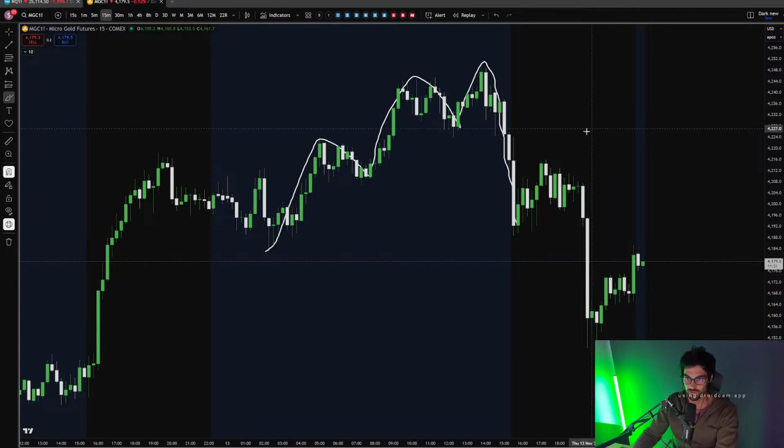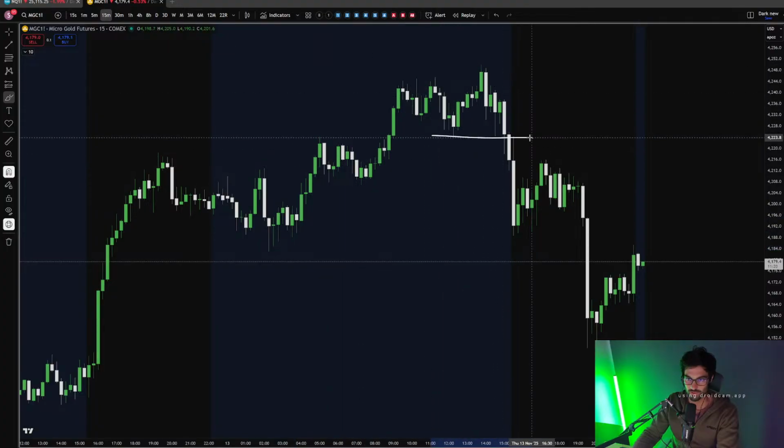This is today's price action. So what we can see is that price broke through a low that was made to push to a new high with an impulse candle that closed way below the low.